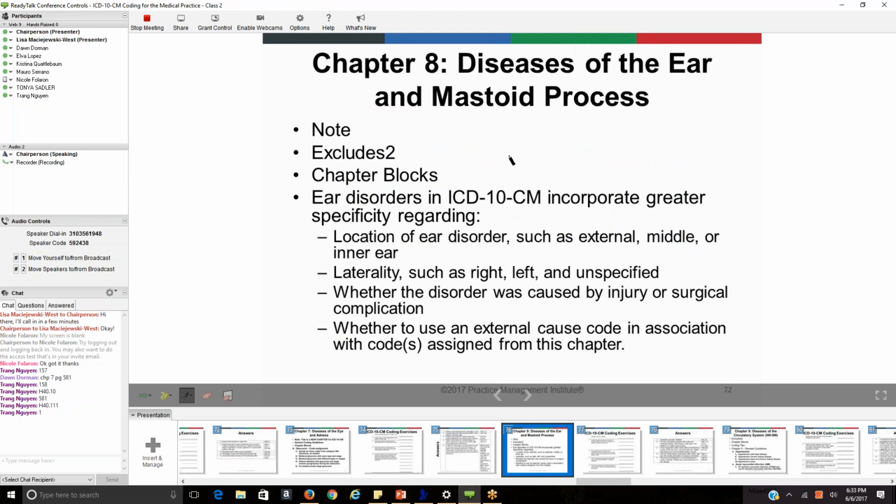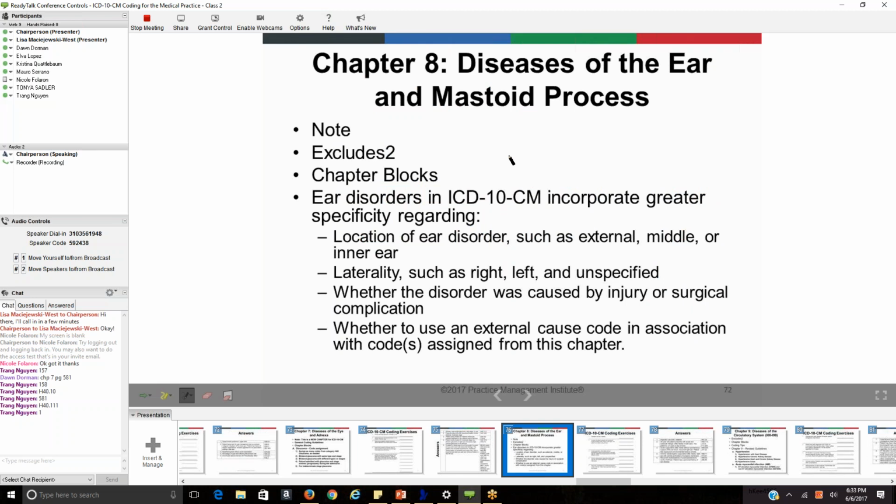Okay, let's move on now to Chapter 8, Diseases of the Ear and Mastoid Process. You'll find the chapter-specific guidelines or chapter notes on page 57 of your workbook.